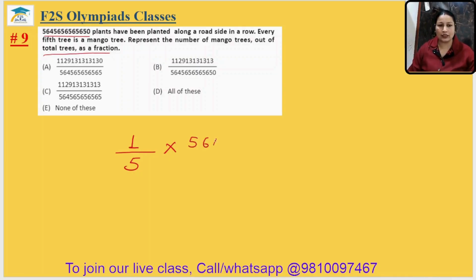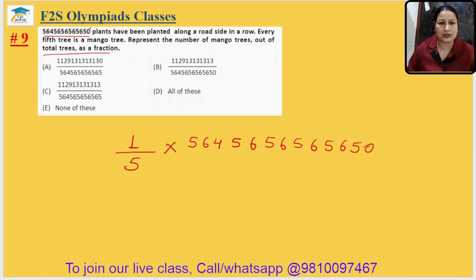5 6 4 5 6 5 6 5 6 5 6 5 0. Let me count the digits so that I can check it is correct or not. 1 2 3 4 5 6 7 8 9 10 11 12 13.